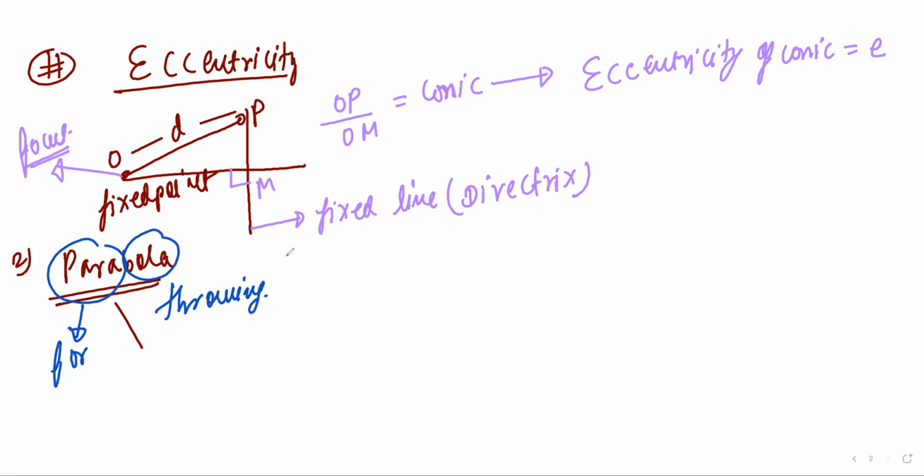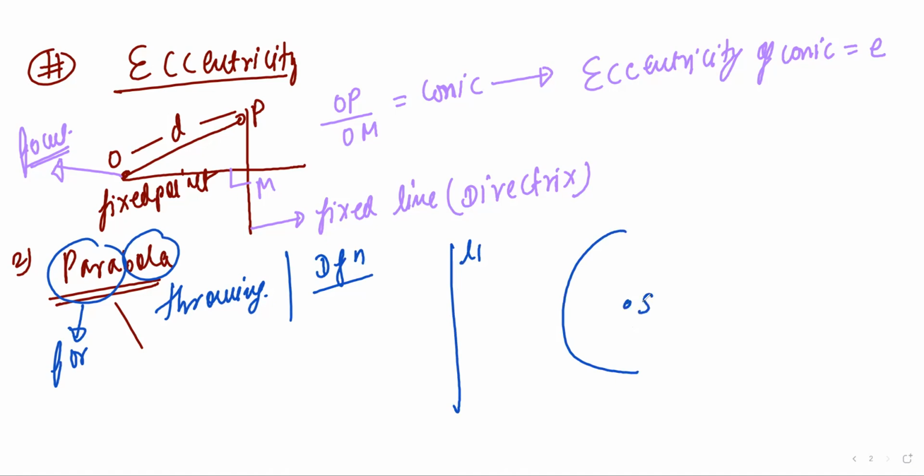Right. So I will give you the definition. Parabola is the set of all points in a plane which are equidistant from a fixed line and a fixed point in the plane. Here by the distance of a point from the line, we mean the perpendicular distance. So this is the fixed line L1. This is the curve, right?